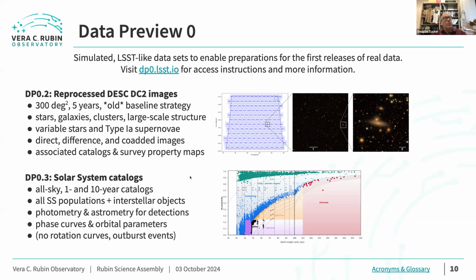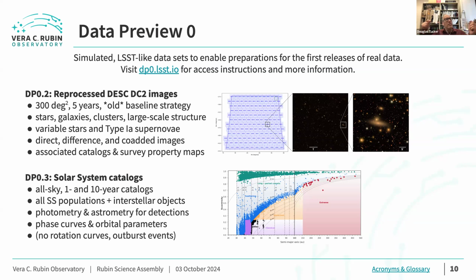We have the DP0.3 solar system catalogs. These are simulated separately from DP0.2, so you should basically view them as a separate data set. These are solar system focused. They're all sky. They include 1 year and 10-year simulated catalogs for LSST.